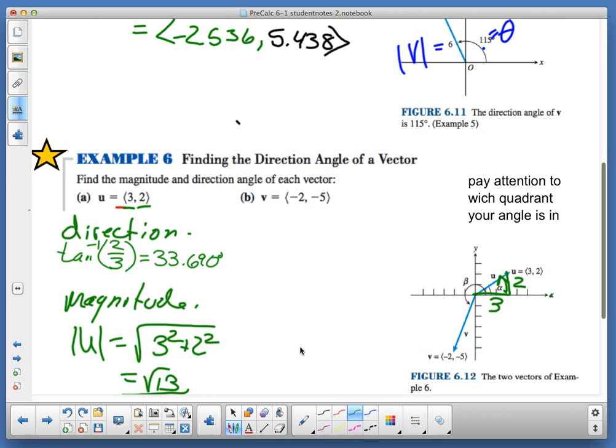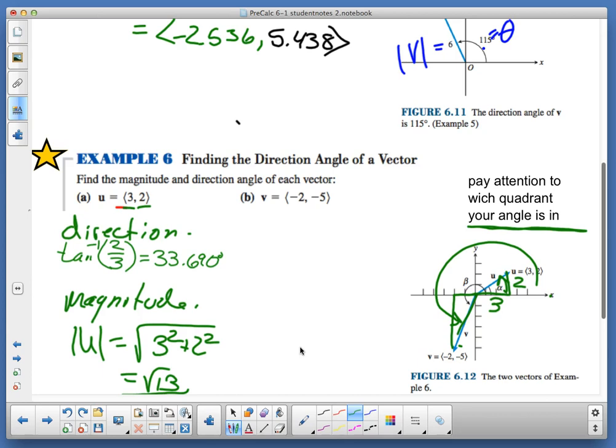Okay? Now because of that, keep in mind, my angle in standard position for the second one should be more than 180, right? I mean, just looking at that, if I go around, my value should be more than 180. My first piece of information I'm going to receive using the tangent, A over B, the inverse tangent, is going to be the reference angle there, okay, as I'm going through this.